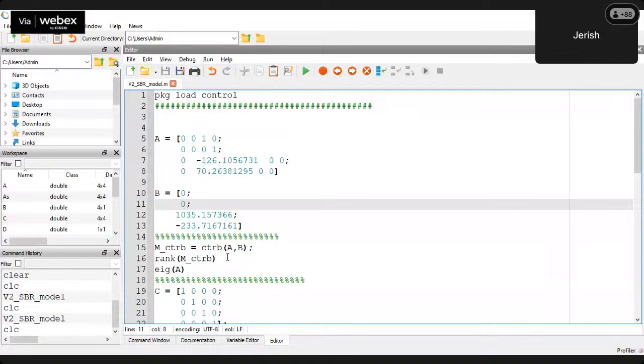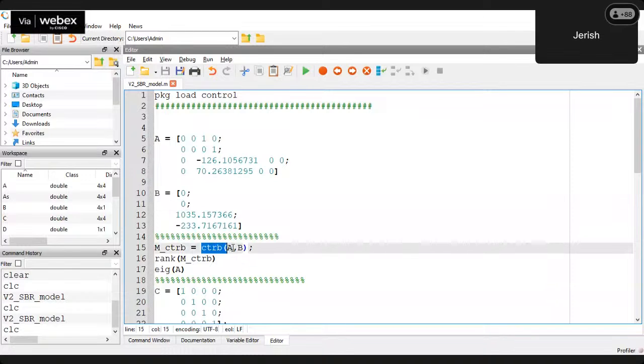To calculate that, there's a function CTRB in Octave, same in Matlab, where you can get the controllability matrix, and then by finding its rank, we can see whether the system is a full rank system, basically a controllable system, or not. And even if the system comes out as rank deficient, which means it's not full rank, it should at least be stabilizable to be able to achieve our desired regulation in the system.